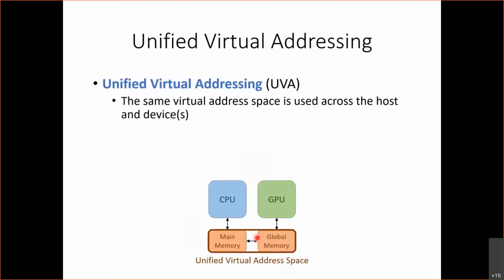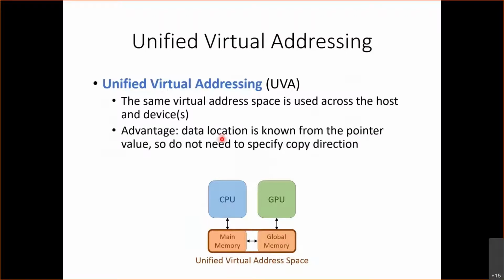Well, the advantage is that when I know that the CPU is going to use a separate virtual address range from the GPU, then I know I can tell where a pointer points to, whether it points to a CPU memory or GPU memory, from the value of the pointer itself. Okay, so the data location is known from the pointer value.